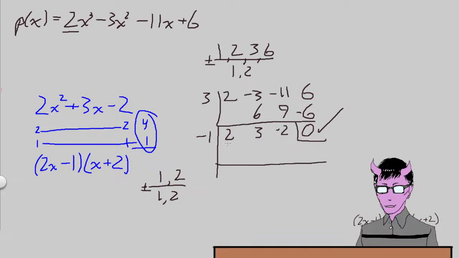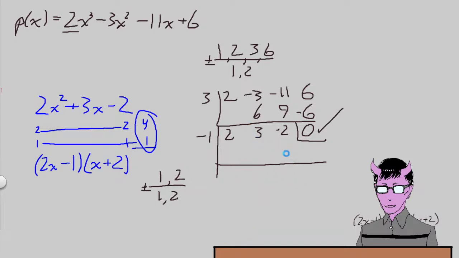So let's execute the steps. Drop the 2. Multiply. Sum. Multiply. Sum. And the fact that we did not produce 0 means this is not a 0, which means x plus 1 is not a factor. But we already know that because we already did the problem.